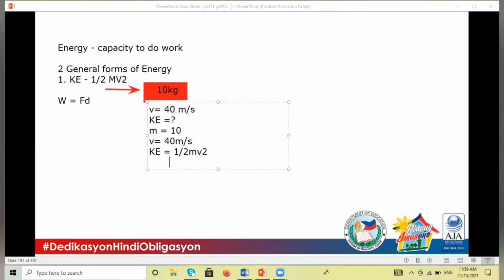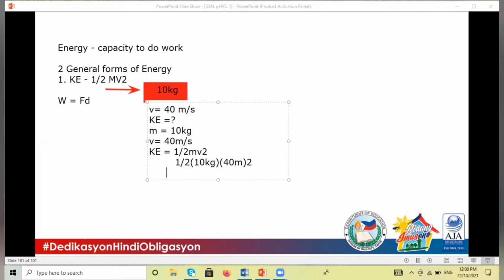By substitution, you have 1/2 times the mass 10 kilograms times velocity 40 meters per second squared.